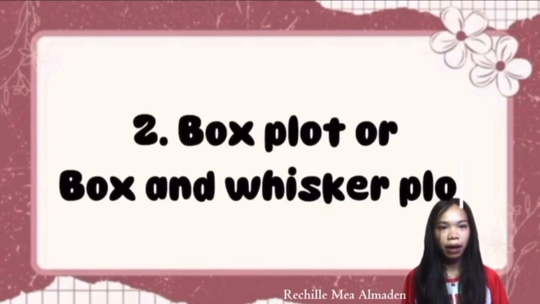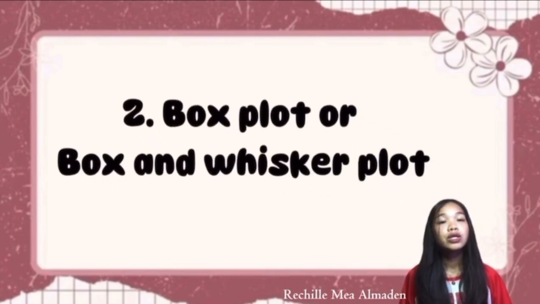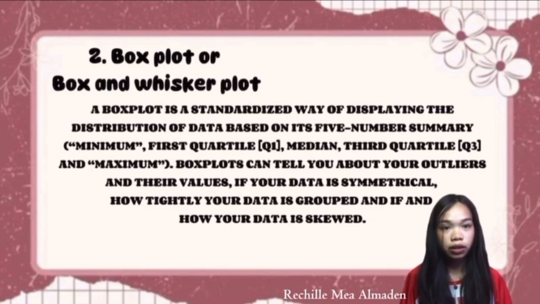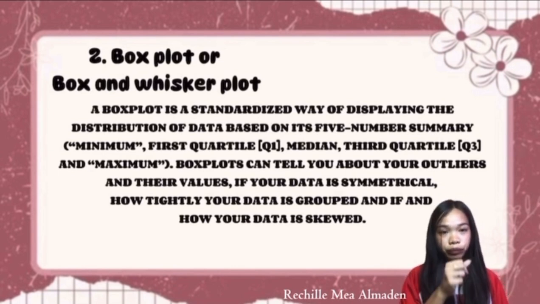So, the second one is the box plot or the box and whisker plot. So, a box plot is a graph summarizing a set of data. So, ang shape of the box plot nag-show how the data is distributed and it also shows any outliers.